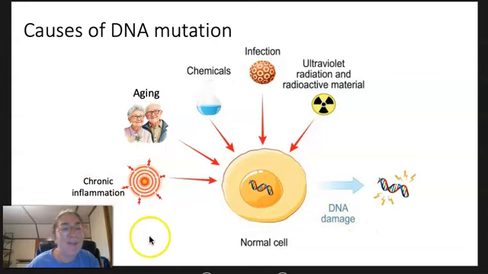And then another one that I added here is chronic inflammation. So we talked about this when we talked about inflammation, that all those cytokines that can damage tissue can also lead to DNA damage if you're exposed to them long term. So inflammation is good in the short term. It does promote healing and it does help to fight off pathogens.